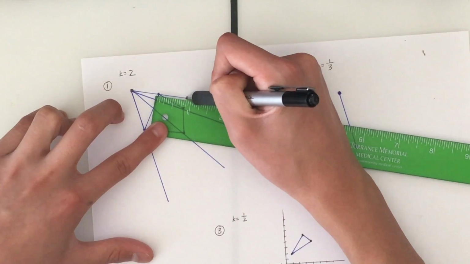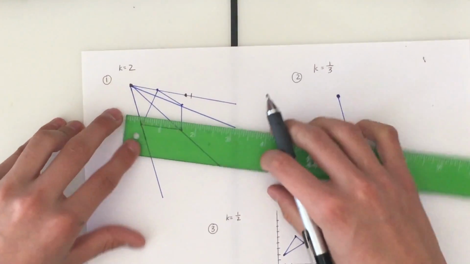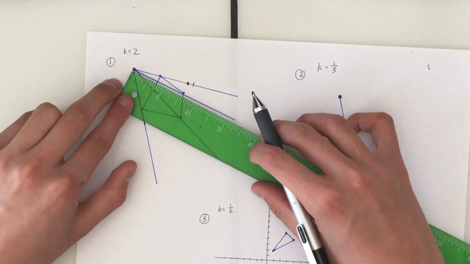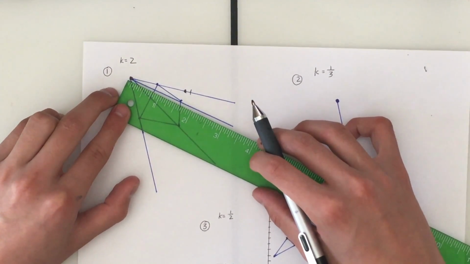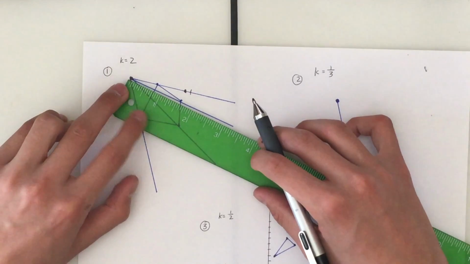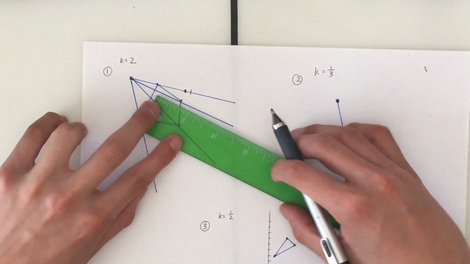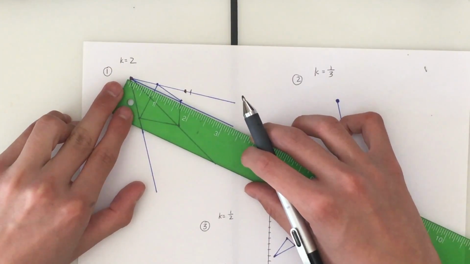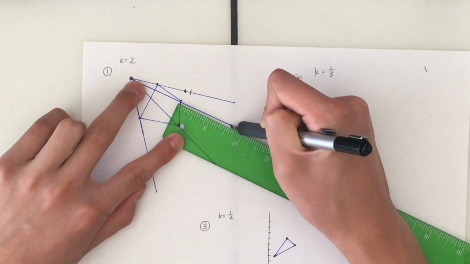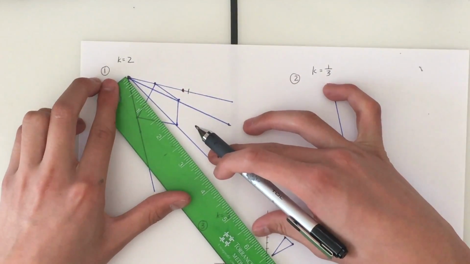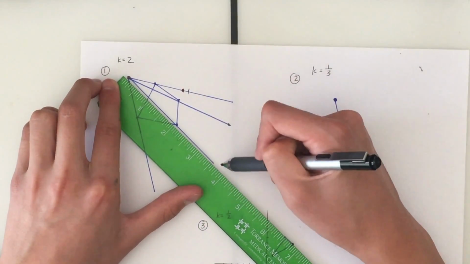I messed up the first time, it should actually go right there. If you don't measure it exactly with a ruler, then you can freehand it, but I'm using a ruler to make it a bit more precise. That's one point, a little more than 1.5 inches, so this is 2 inches.